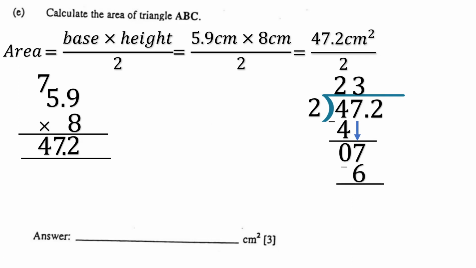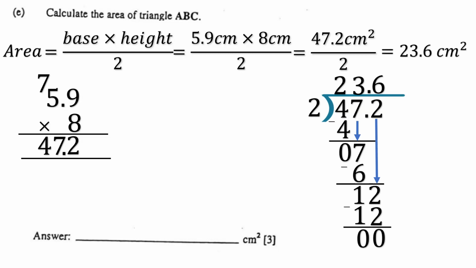We subtract that. 7 minus 6 is 1. We bring down the 2. How many times does 2 go into 12? Well, 2 goes into 12 6 times. And that means that 2 times 6 is 12. And so we subtract it. 12 minus 12 is 0. And so the answer here is 23.6. And so that means that the area of this triangle is 23.6 centimeters squared.